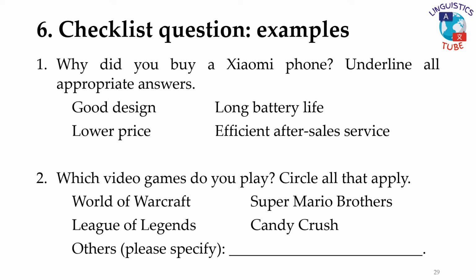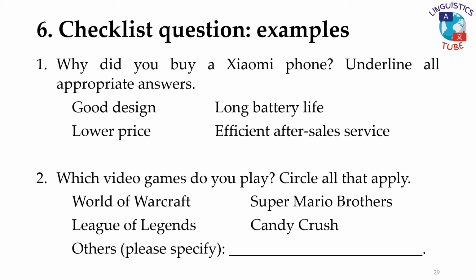Here are 2 examples. Why did you buy a Xiaomi phone? Underline all appropriate answers. Good design, long battery life, lower price, efficient after-sales service. Which video games do you play? Circle all that apply.